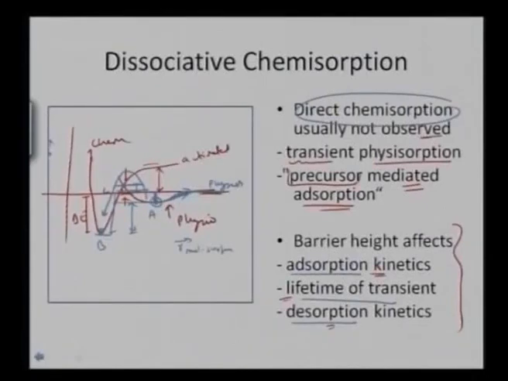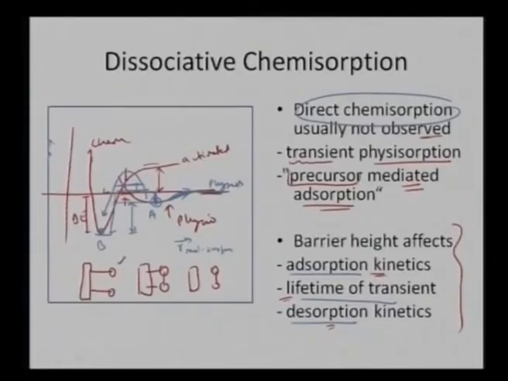In dissociative chemisorption, it can happen that we have a particular entity which can go and sit on the substrate, but later on it can start chemically reacting with itself, and it can leave the surface as a molecule.